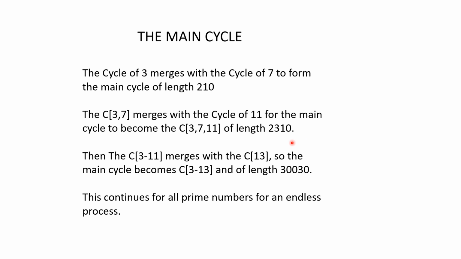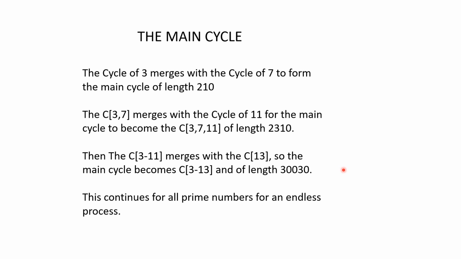The length of the cycle is always the product of the primes that form it times 10. After this fusion, the cycle from 3 through 11 is going to merge with the cycle of 13 to form the cycle from 3 to 13 with a length of 30,030. And this process continues with the coming prime numbers.